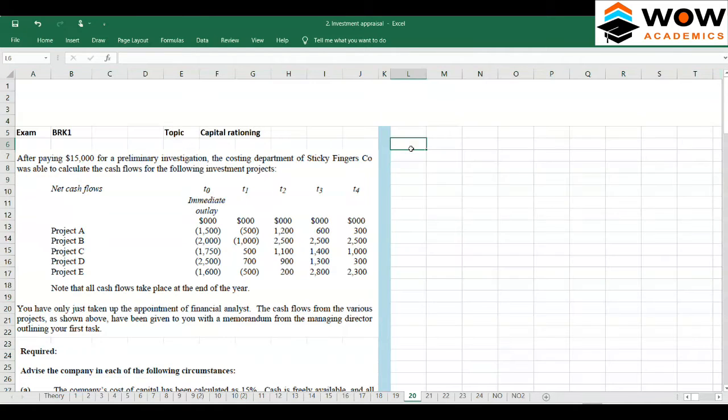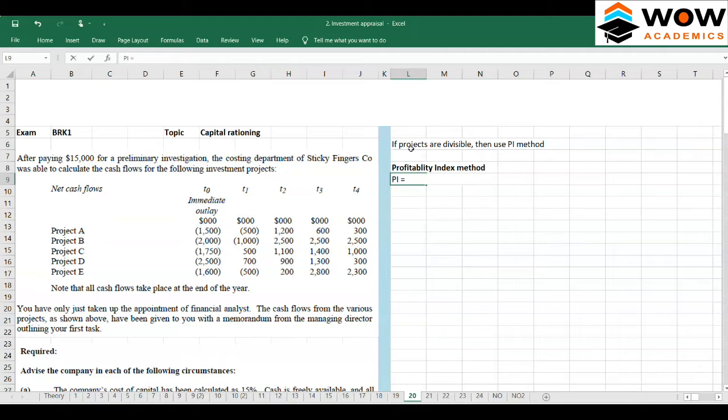If projects are divisible, then use the PI method. So what is the PI method? PI method is called the profitability index method.